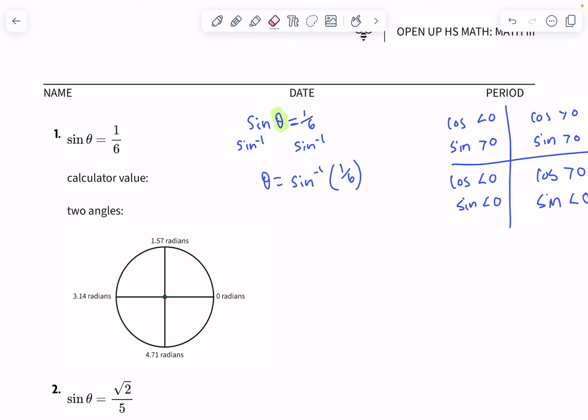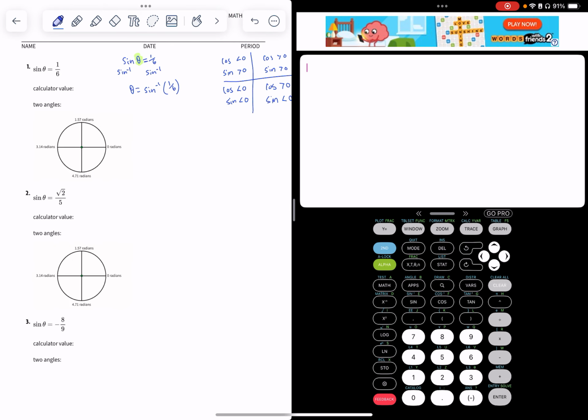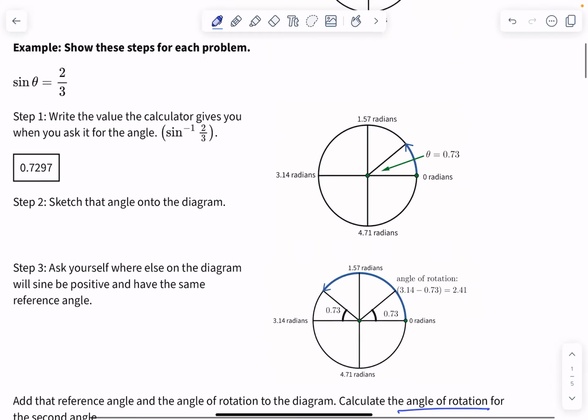Okay, so that is directly my first calculator value. Let's hop on over. So I do second sine, right? So sine inverse of 1/6 is equal to 0.167. They said 2 decimal places.